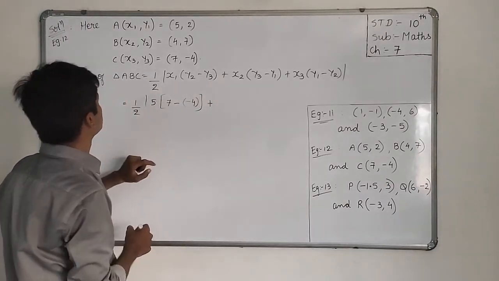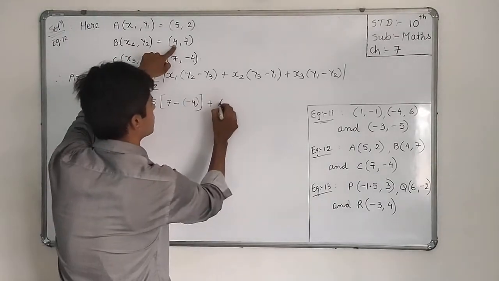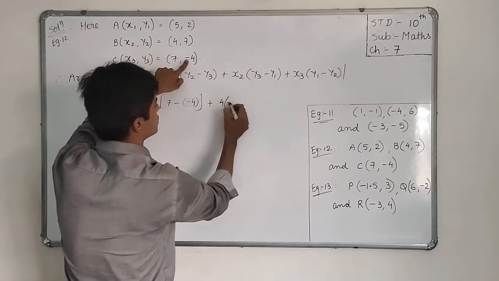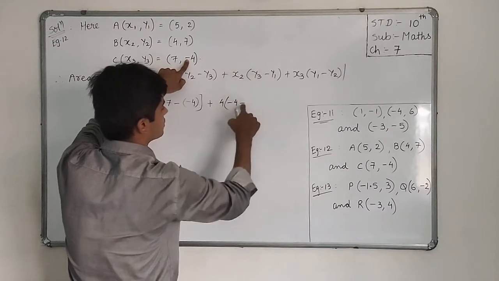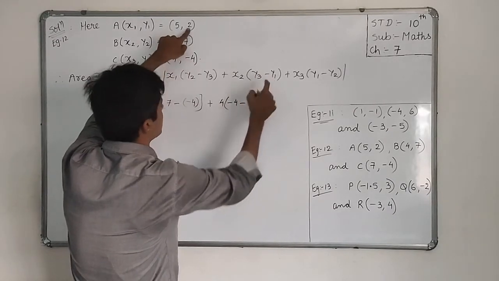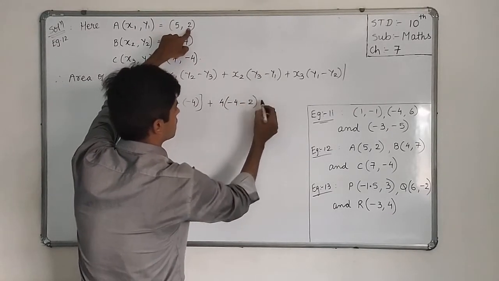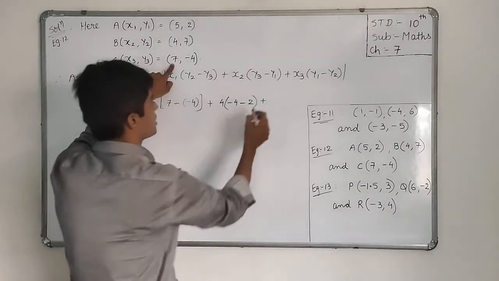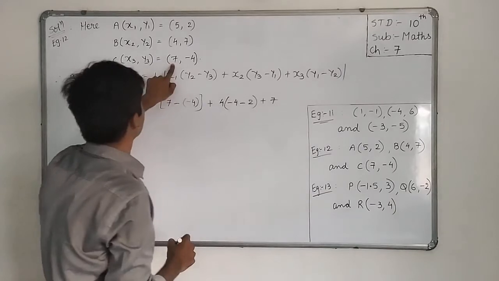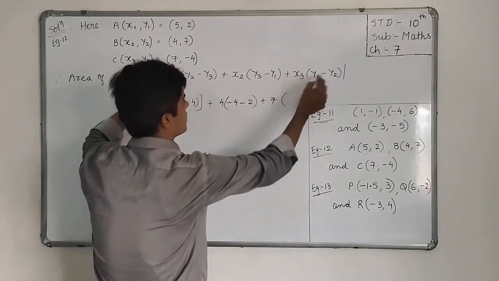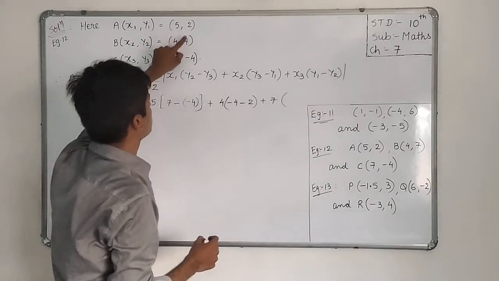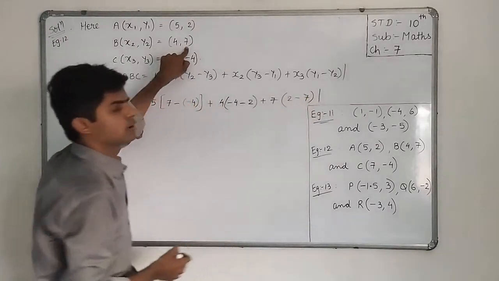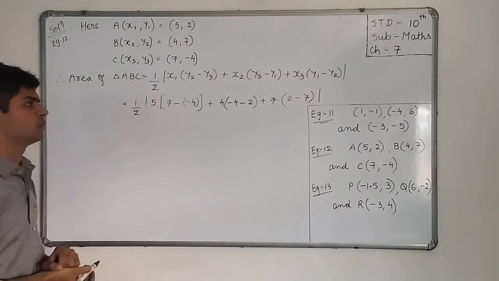Plus x2, x2 is 4, y3 minus y1: y3 is -4 minus y1, y1 is 2, right? Plus x3, the value of x3 is 7, y1 minus y2, 2 minus 7. Bracket over and modulus also over.